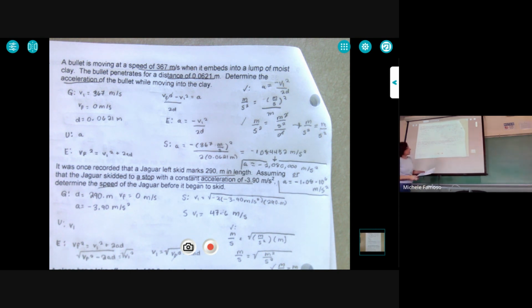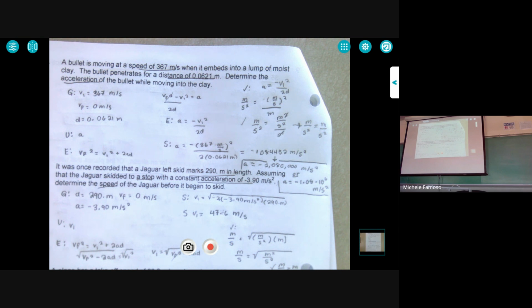And that gives us an answer of negative 1,080,000 meter per second squared, or negative 1.08 times 10 to the 6 meter per second squared. Scientific notation is much better for something like that because it's such a big number. And then there's her check over there, which again is the same check that we had in the previous question.